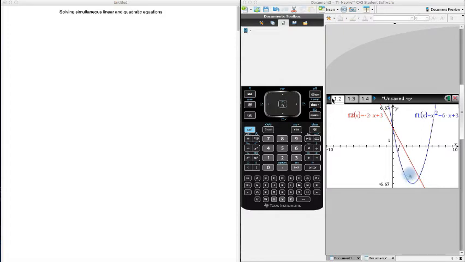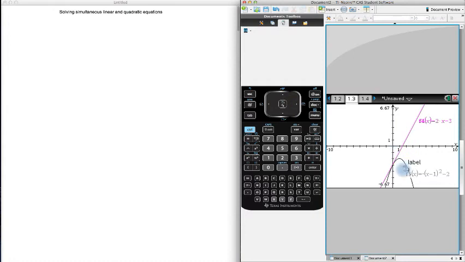So when you've got one linear equation and one quadratic equation, you can see that here in this example, there are 2 points of intersection, so there will be 2 solutions. Now, let's look at another example. Here's another one. We've got a quadratic here in black and a linear equation here in pink. And here you notice there's only one solution. The linear equation only just touches the quadratic, or the parabola.